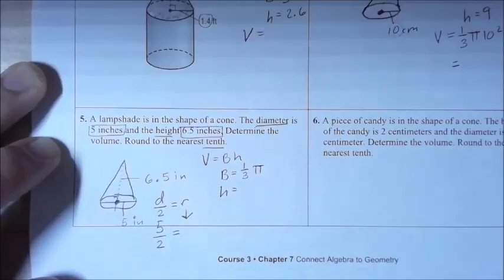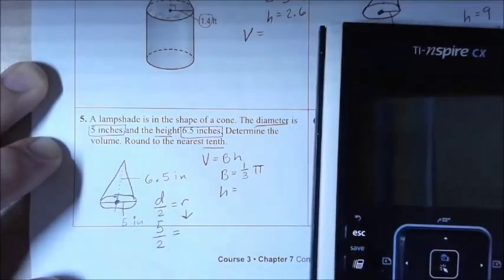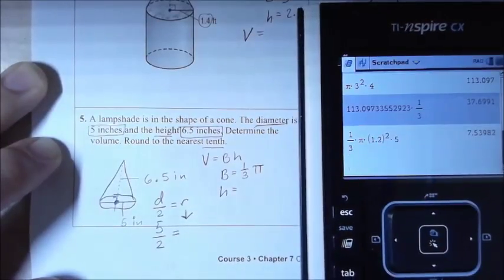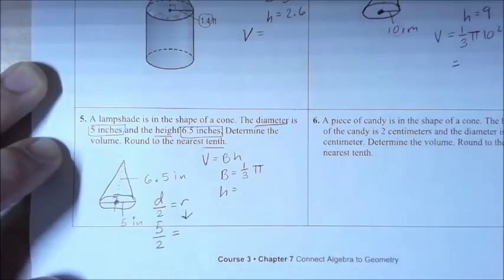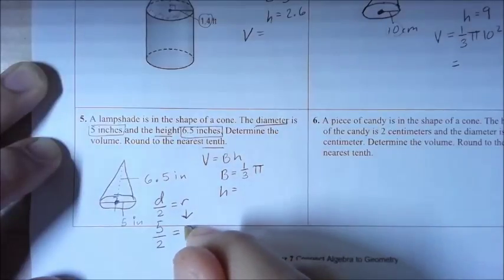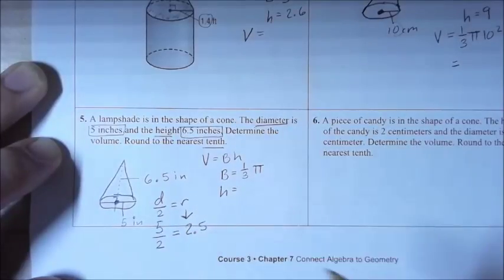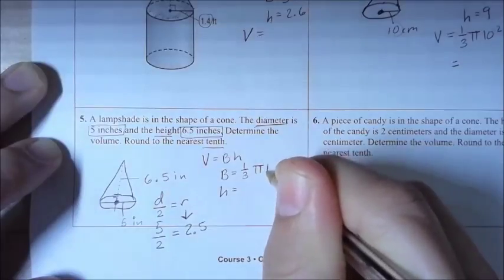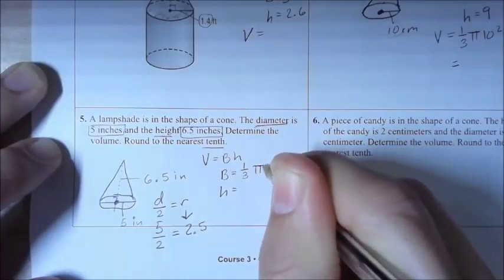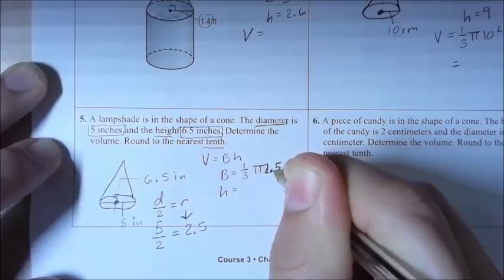And if I do 5 divided by 2, if you need to, you're more than welcome to put that in your calculator. We could do 5 divided by 2. Put a decimal after one of the numbers so it'll give you a decimal. And it's 2.5. It's 2.5 is R. So it's going to be 1/3 times pi times my R, I'm sorry, 2.5 squared.